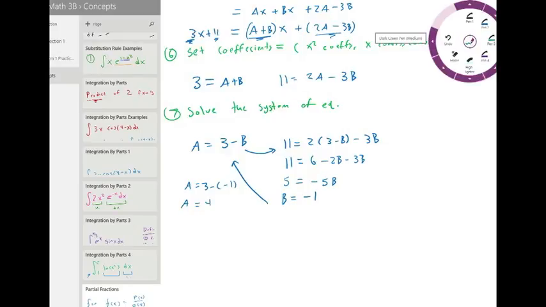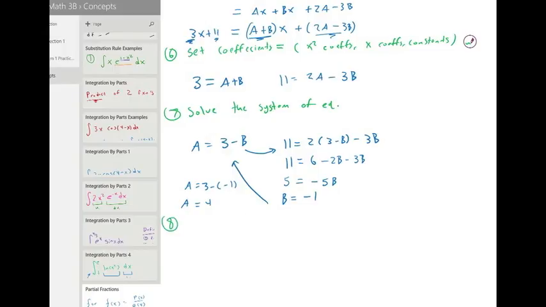So now, next step, plug in the values of A and B into the decomposition.